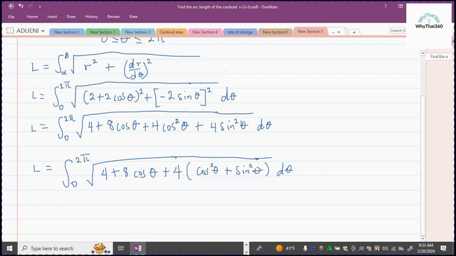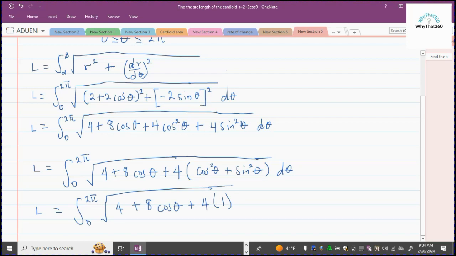So we will have the length to be equal to the integral from 0 to 2 pi, the square root of 4 plus 8 cos theta plus 4. The whole of that is 1, so 4 times 1.